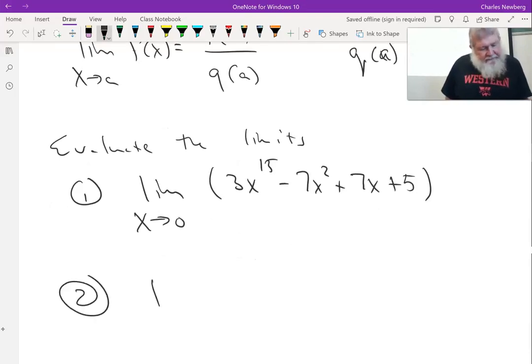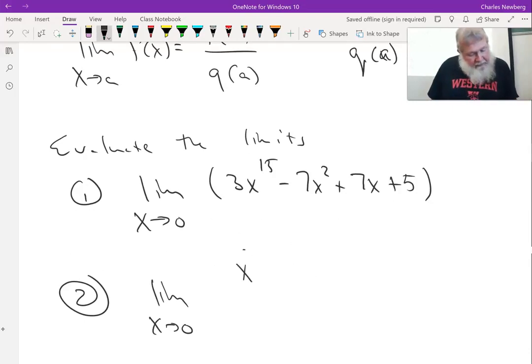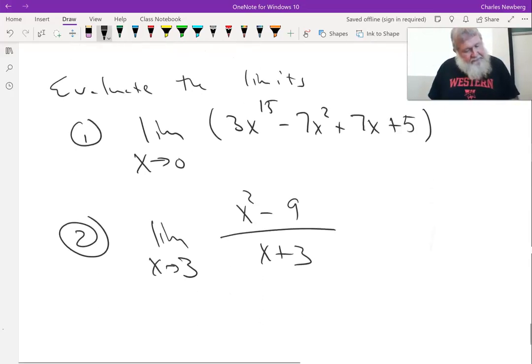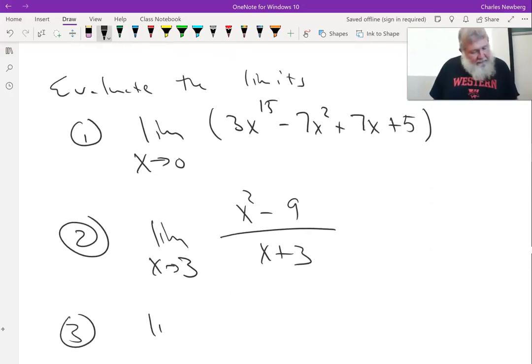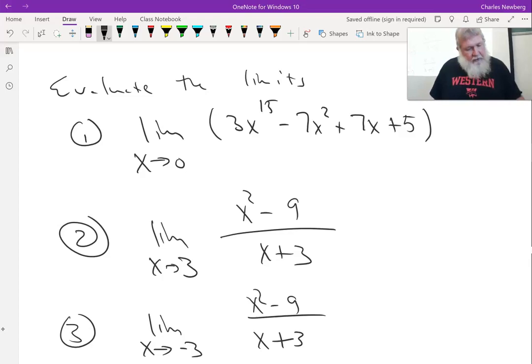Then the limit as x approaches 3 of x squared minus 9 over x plus 3. And let's go with the limit as x approaches minus 3 of x squared minus 9 over x plus 3. I'm going to give you a few minutes to try those three limits, and then we'll continue on finishing up this section.